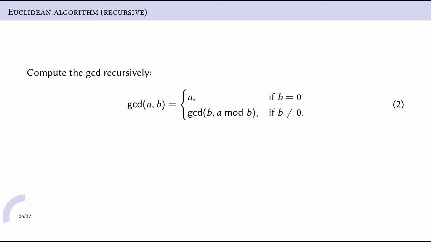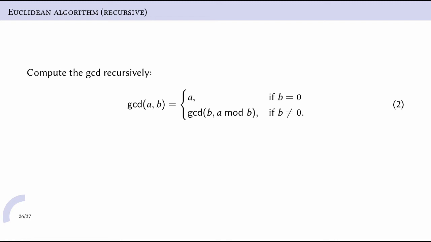So if we have two elements, then the greatest common divisor is either A when B is 0, or recursively, the greatest common divisor of A and B is the greatest common divisor of B and the remainder of A modulo B.